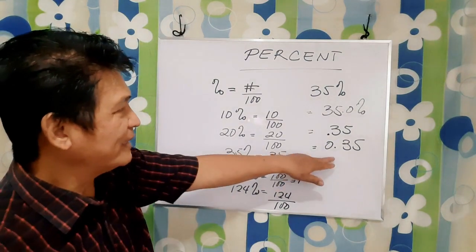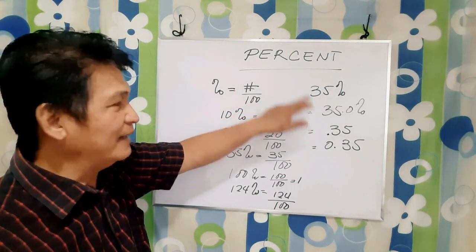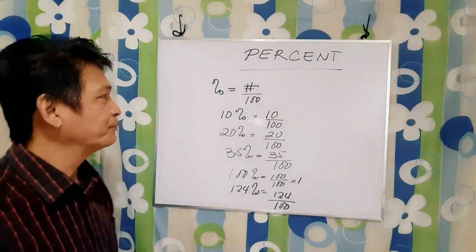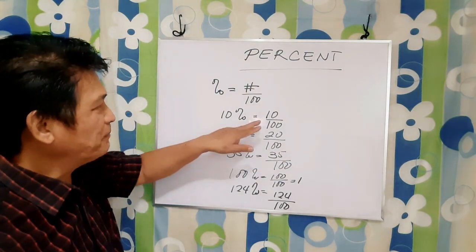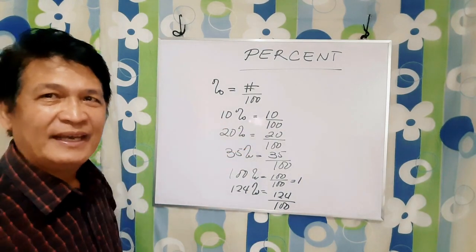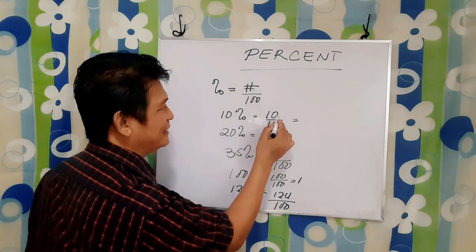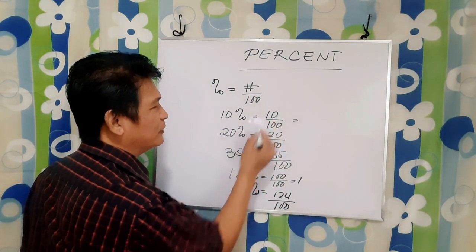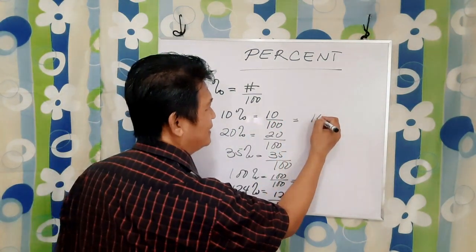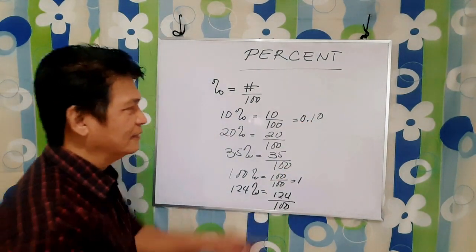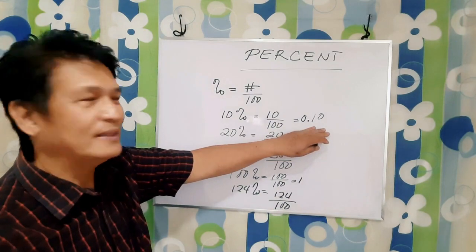So 35% in decimal is 0.35. So now your 10% can be expressed as a fraction and as a decimal. You move 2 decimal points, and you add 0, so it is 0.10.